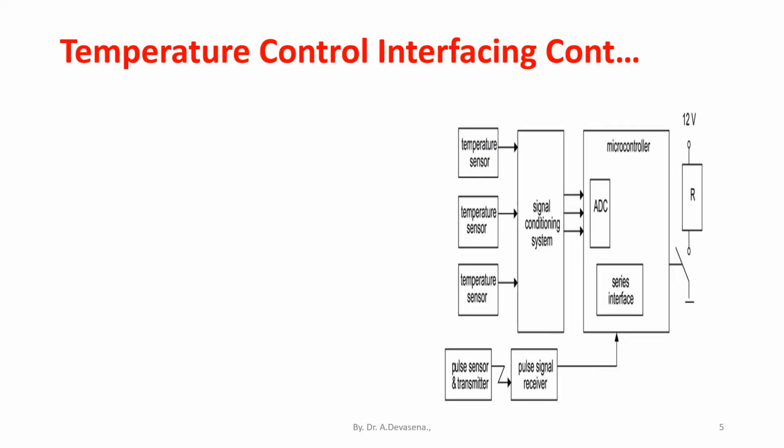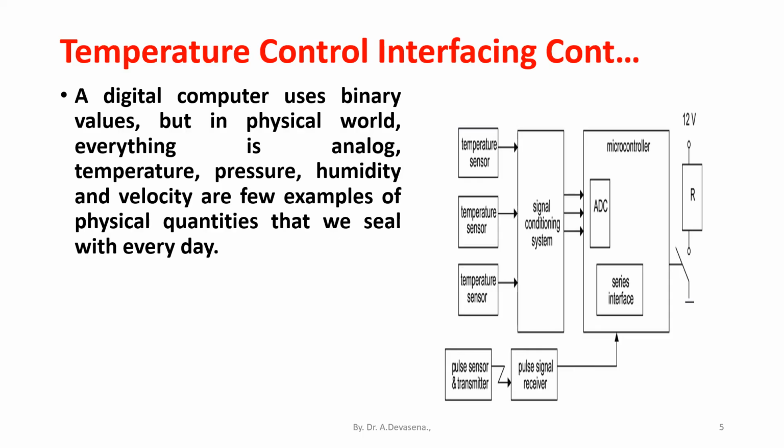Temperature, pressure, humidity and velocity are a few examples of physical quantities that we deal with every day. Temperature measurement is of great importance in industry, as most of the processes are temperature dependent.